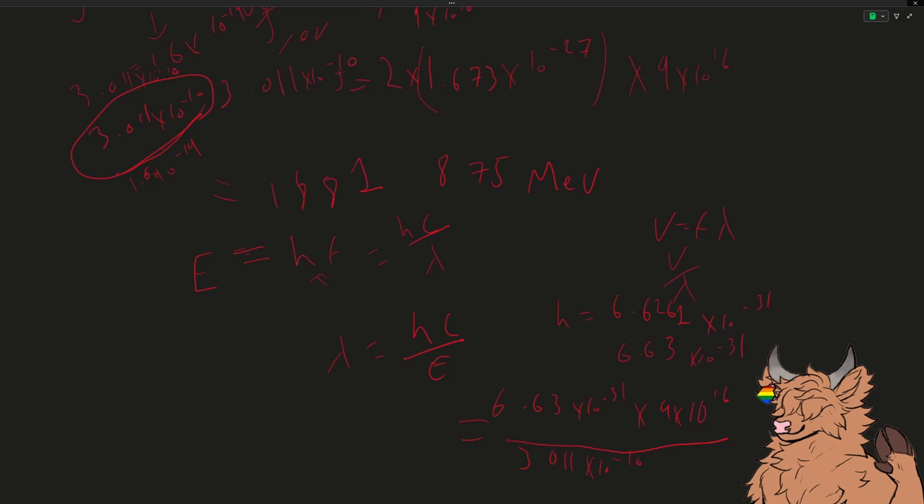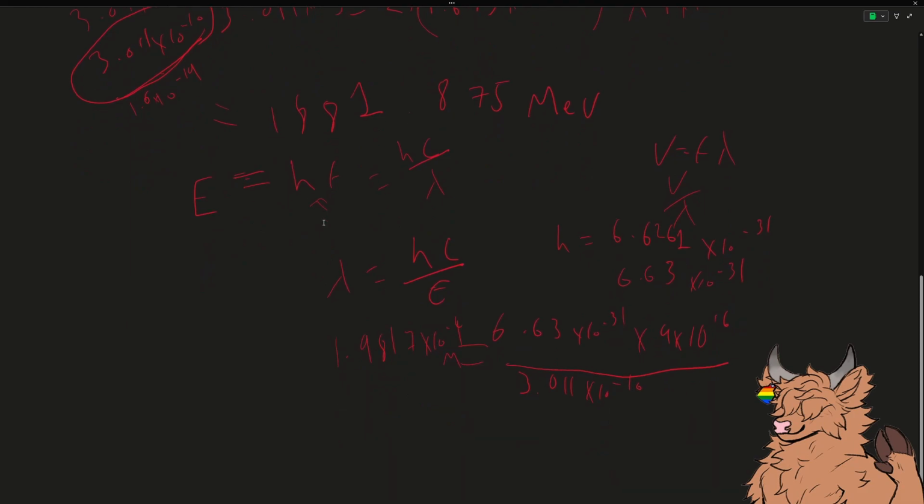So we've got a wavelength of 1.9817 times 10 to the negative 4 here, and that would be in meters. I've no idea why it's large.